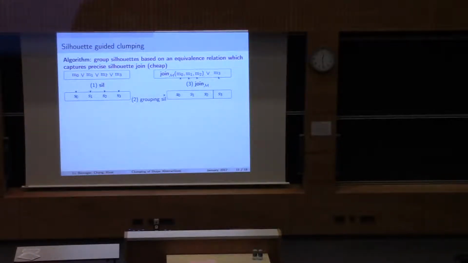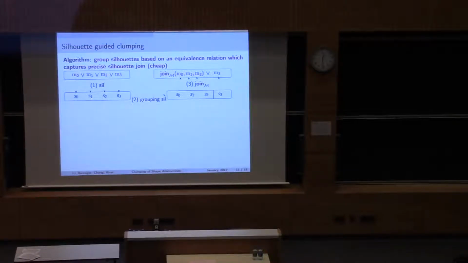Therefore, based on the good properties offered by silhouette join, we propose silhouette guided clumping. That is, given a disjunctive abstract state, we first compute a silhouette for each abstract state, and then we group silhouettes which can be joined precisely.